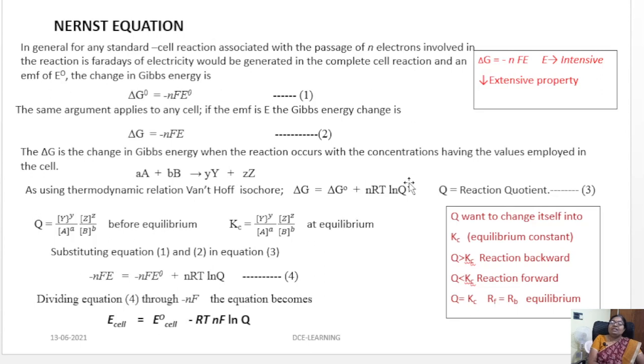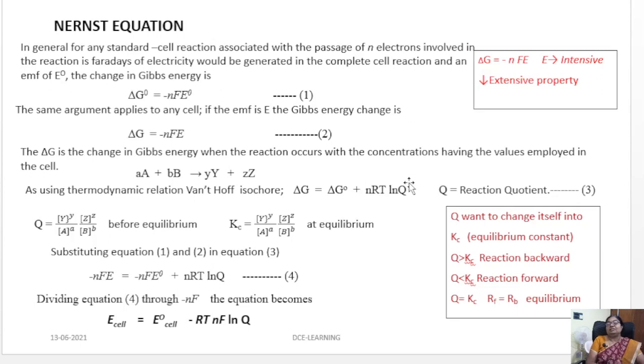If Q, the reaction quotient, is greater than Kc, then the reaction will be backward. If Q is less than Kc, then what happens?